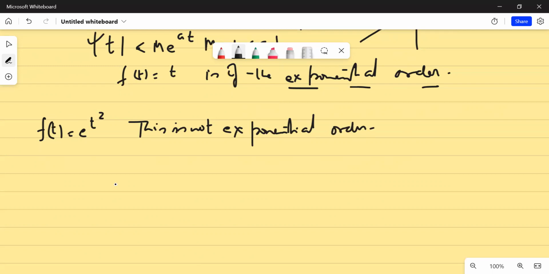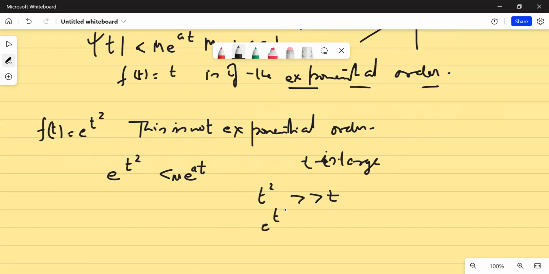Clearly, you can never write e^(t²) less than M e^(at), because as t is made large, t² would be way greater than t, and e^(t²) would be way greater than e^t. So for large t, you cannot write this expression.